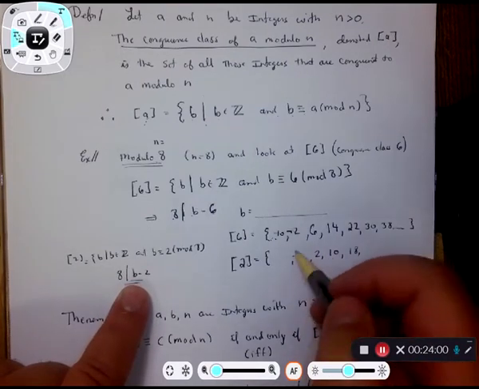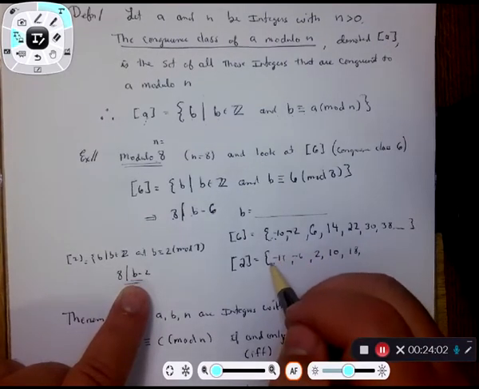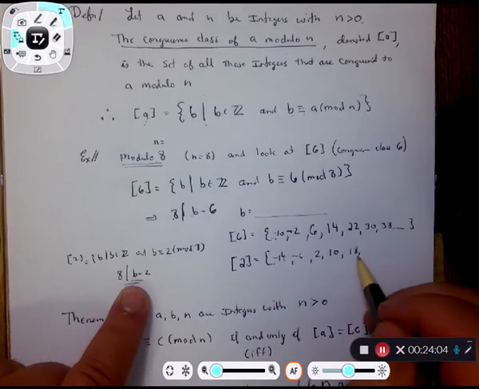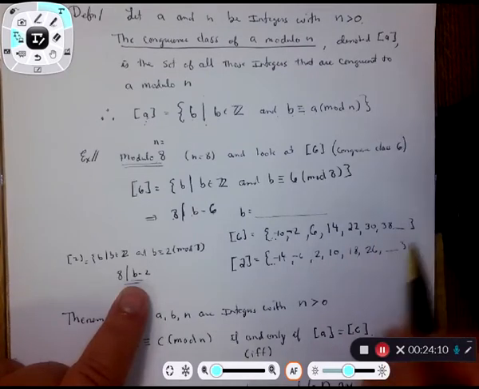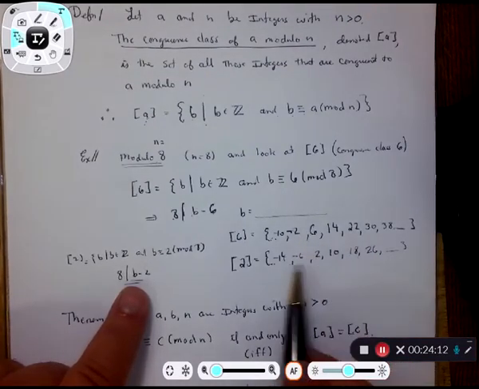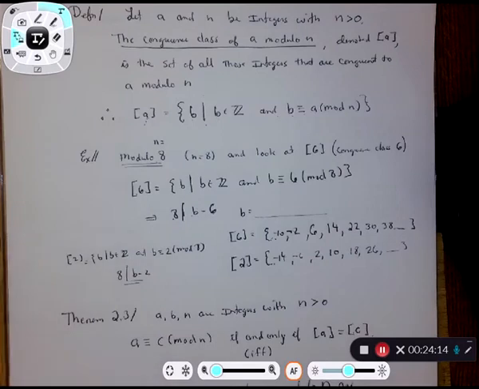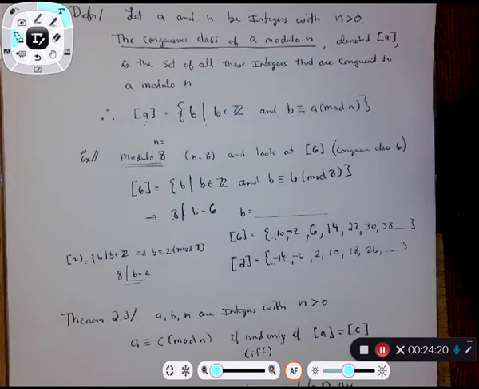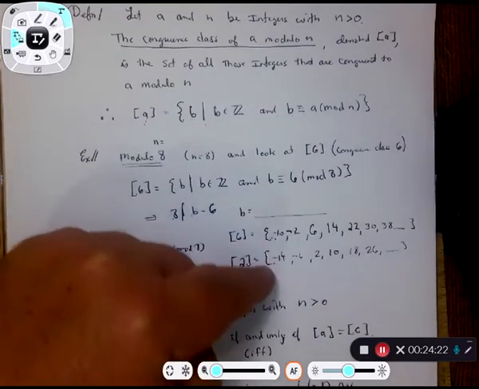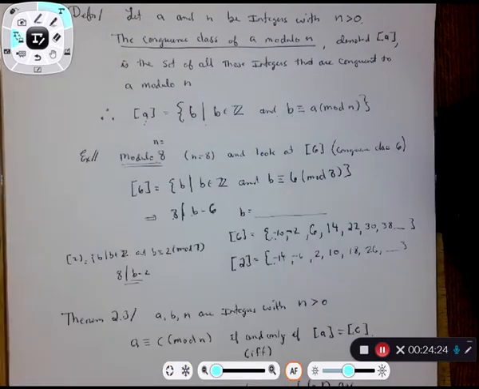Below that it's going to be negative 14, dot, dot, dot. Above 18 would be 26, and it just keeps on going. And you'll notice that in equivalence class 2, in mod 8, it looks like all these integers have been grouped together. And you notice that they don't have any one of them in common.